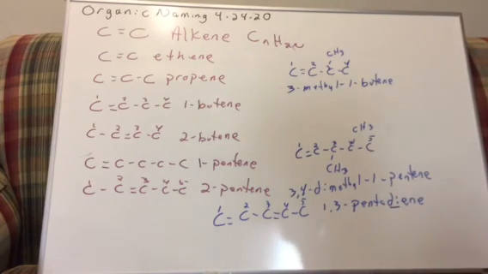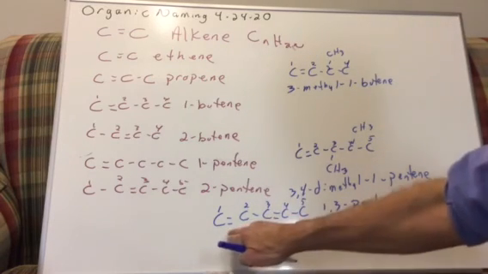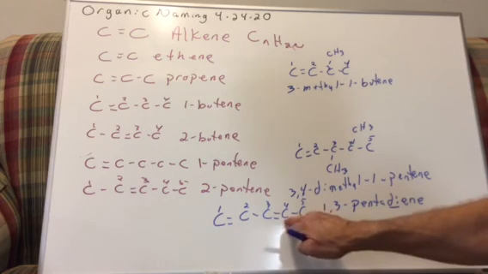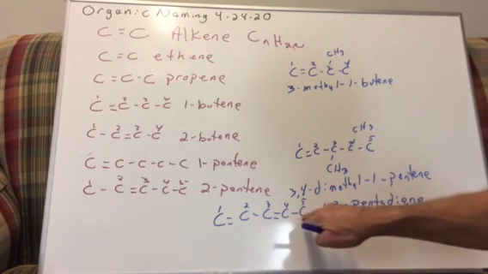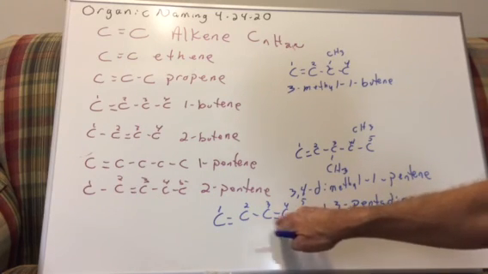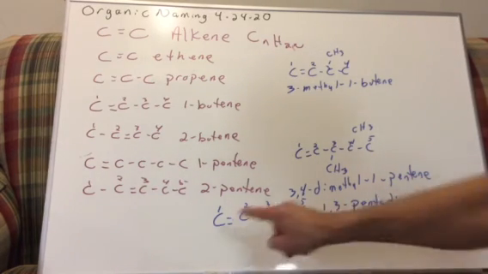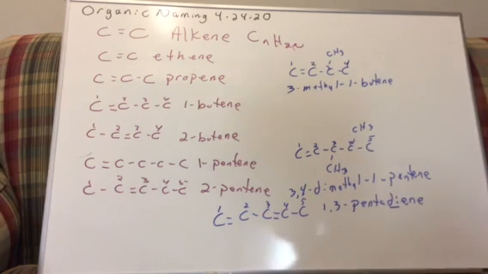Di saying I've got 2 double bonds that are located on the 1 carbon and 3 carbon. Let's just say you numbered the other way. Go 1, 2, 3, 4, 5. So then it'd be 2 and 4, which is 6. 1 plus 3 is 4, which is lower. So this would be 1, 3 pentadiene.